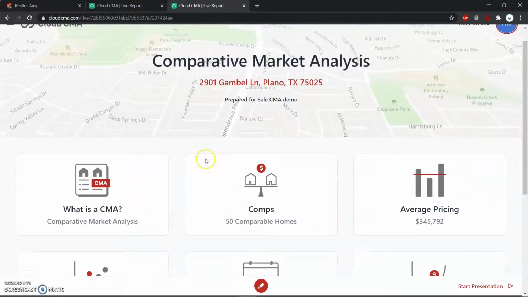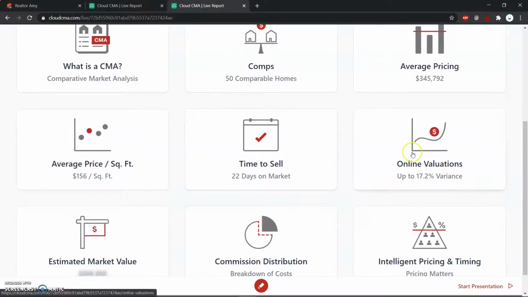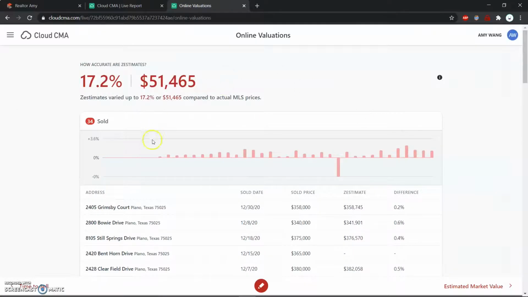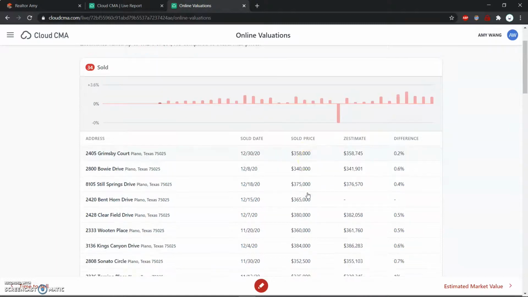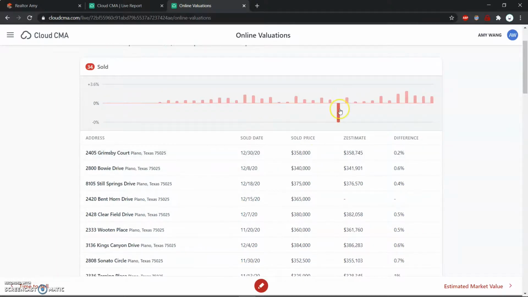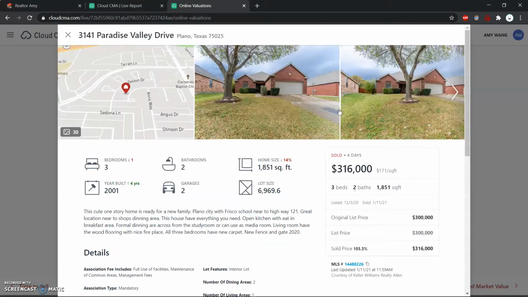One powerful tool is called online valuations. You can see that for all the sold properties, there is an estimate. This is the estimated price provided by the Cloud CMA. I find it's very comparable to the real sold price, but sometimes there are deals at a much lower price.